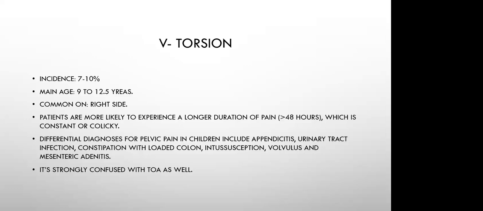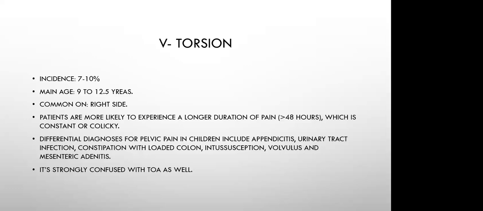Now, patients are likely to experience a longer duration of pains, and it's like colicky pain on and off. The diagnosis is very difficult, especially in children, because they are unable to fully describe their complaint.